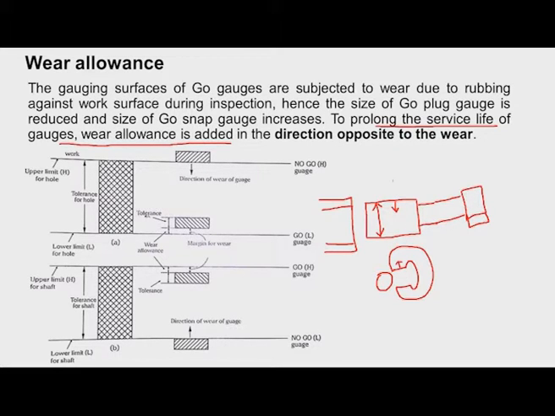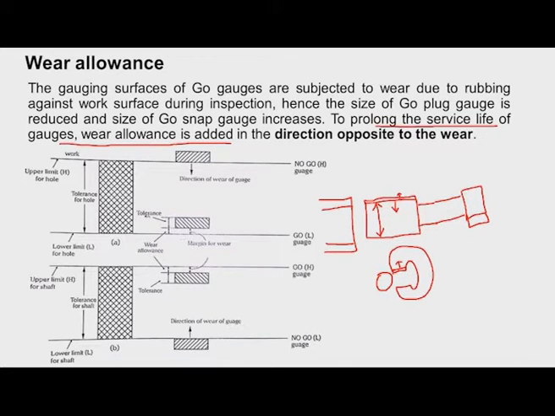In order to increase the service life of the gauges, we have to allow some wear allowance in the direction opposite to the wear direction. See, the wear is occurring in this direction, so we have to add wear allowance in the opposite direction. So, in case of snap gauges, wear is occurring in this particular direction, so wear allowance is given in the opposite direction like this.